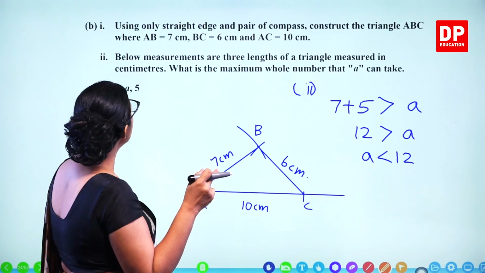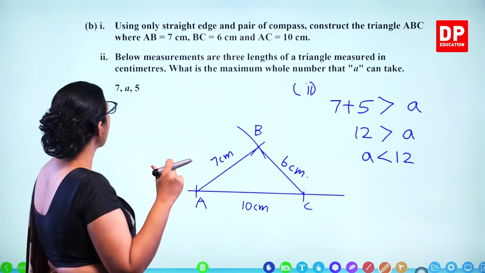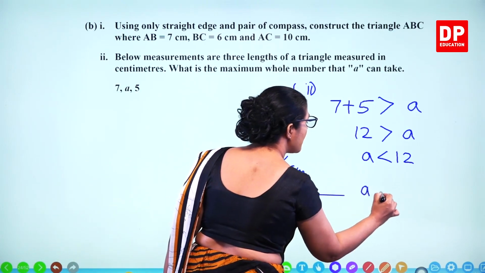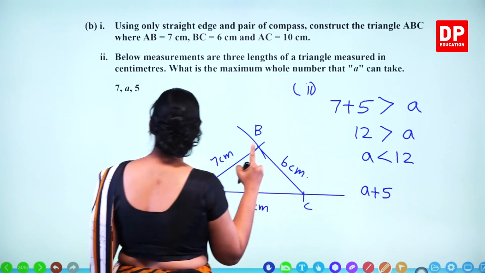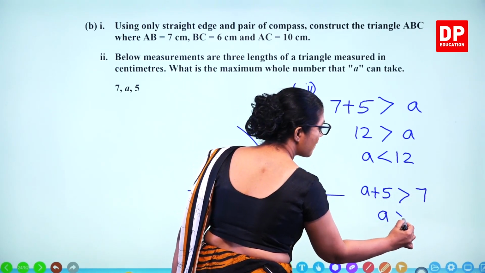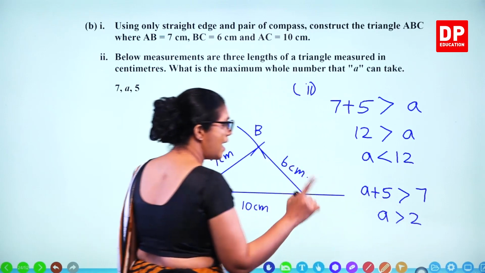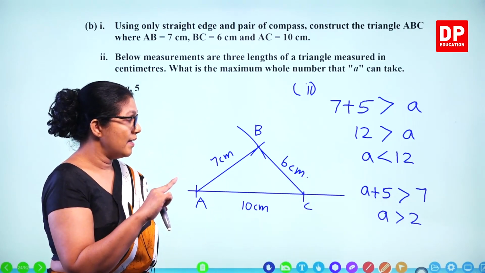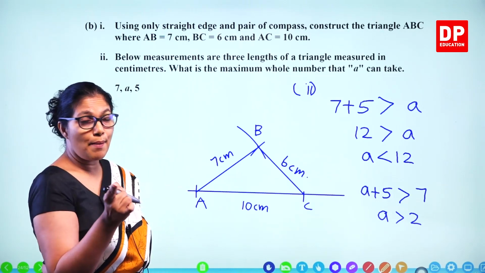But what's the other condition? What's the lowest number? So we can write A plus 5. If you take the other 2 lengths, A plus 5 should be greater than 7. So that means A is greater than 2. So any number more than 2 and less than 12. So they are asking the maximum value.